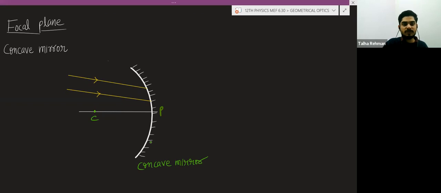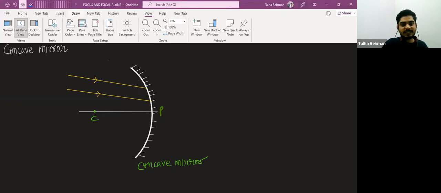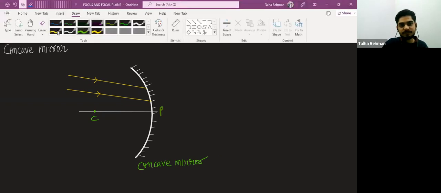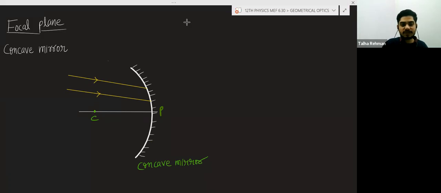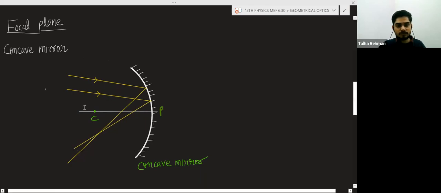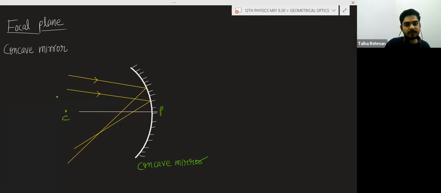Reflection will take place. This ray of light will be reflected, suppose, like this, and this ray of light is reflected like this. The center of curvature is here.